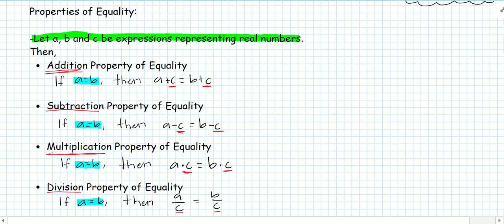Usually what I tell students is to think about when girls do their eyebrows. If they add a little bit of makeup on one eyebrow, they're actually going to do it on the other eyebrow as well, so then they will look similar. This is the same concept. Let's think about the left side of the equation being the left eyebrow. Whatever you're adding, subtracting, dividing, or multiplying, you also want to do it to the right eyebrow, so they can look good.